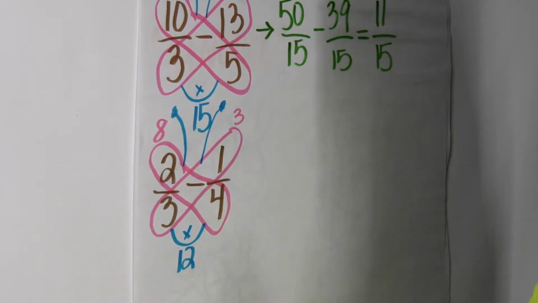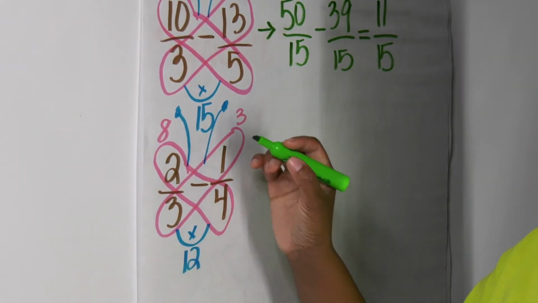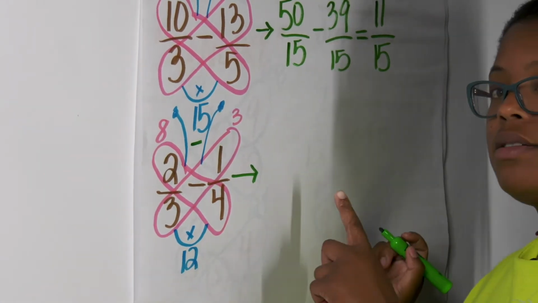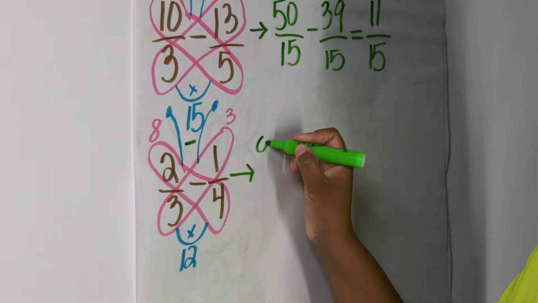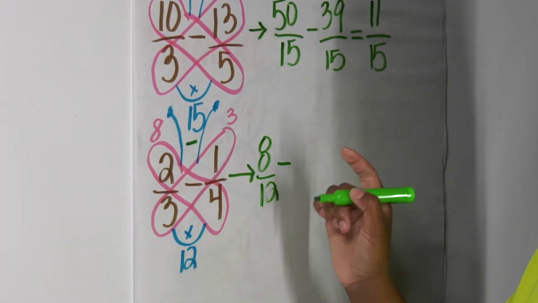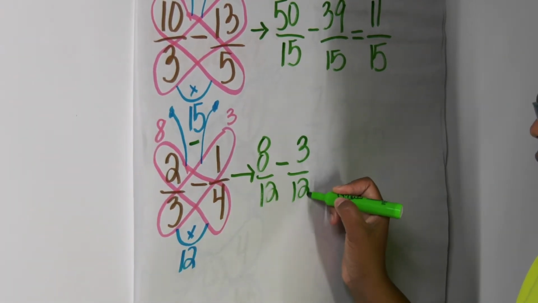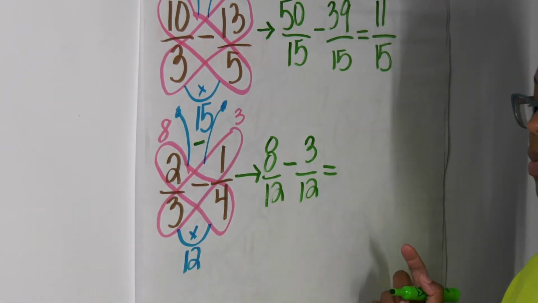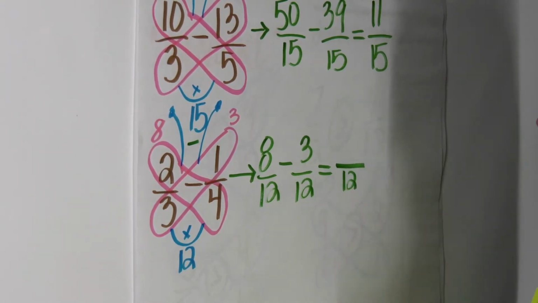So remember, the operation that we're doing is subtracting. So our new fractions now become, and these are also equivalent fractions, 8/12 minus 3/12. Okay, now our denominators are the same. So remember, when we have the same denominator, we keep that denominator.